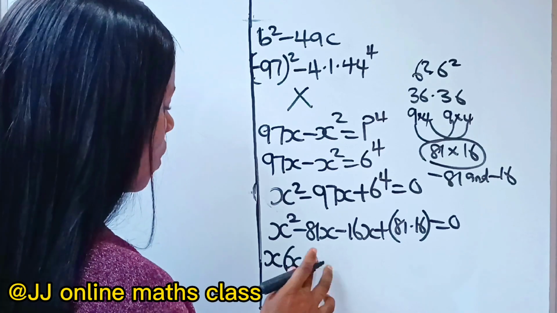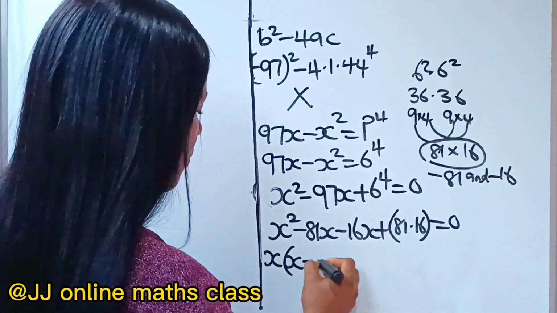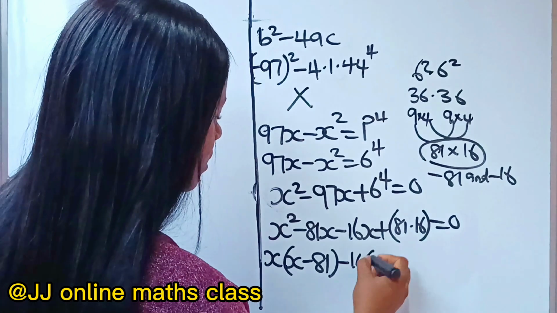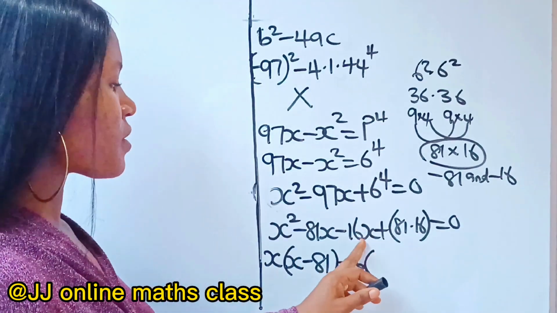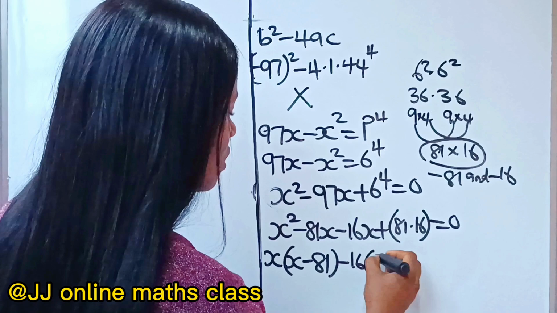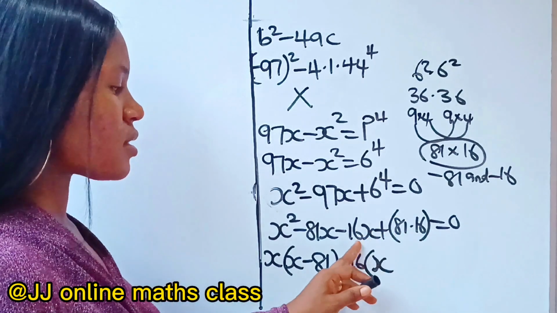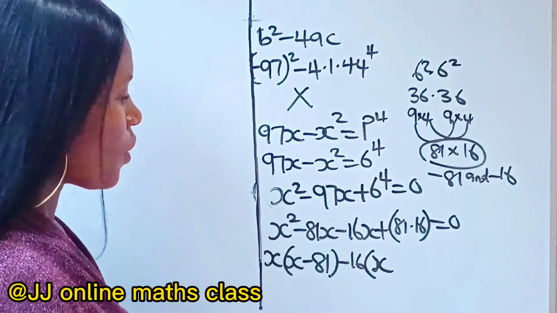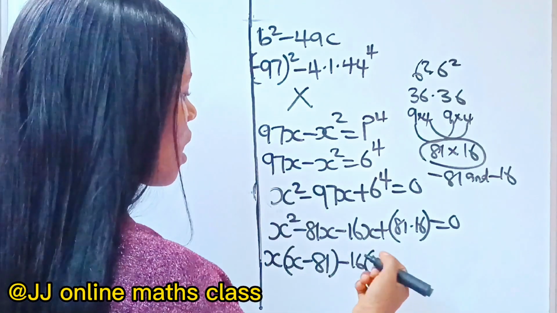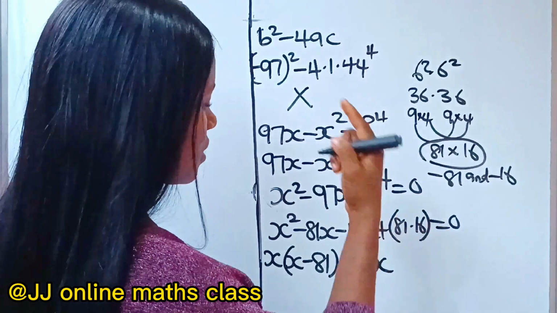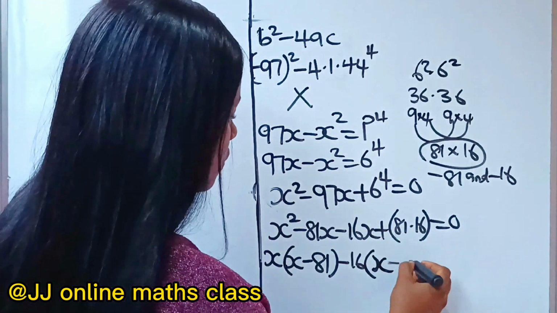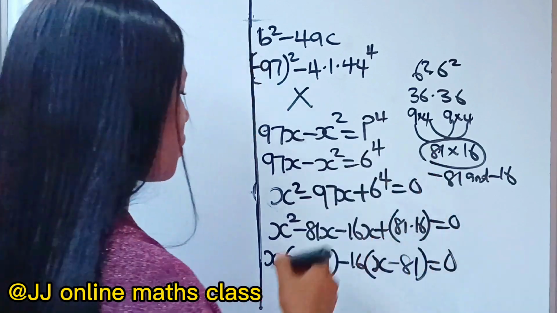Then when minus 81x is divided by x, you have minus 81. Then what do we have in common here? Sorry, what we have in common here is 16. This negative sign comes because of this. So when this minus 16x is divided by minus 16, you will have x. Now when 81 times minus 16 is divided by minus 16, we are going to have minus 81 left, is equal to 0.